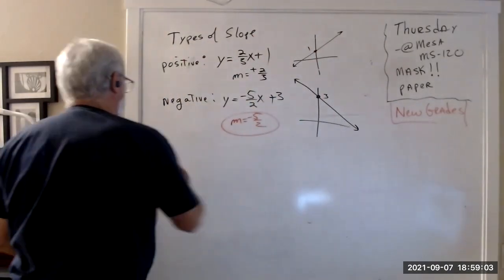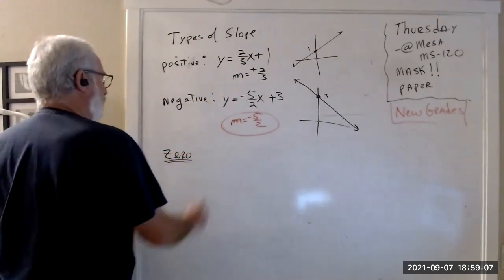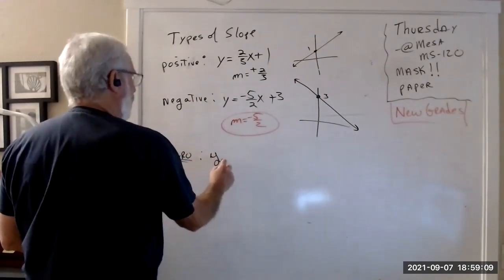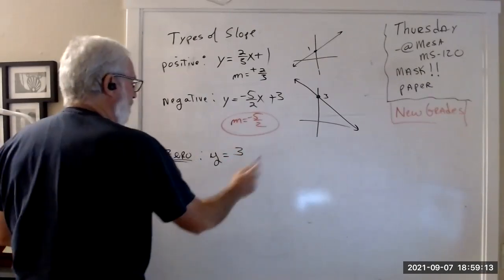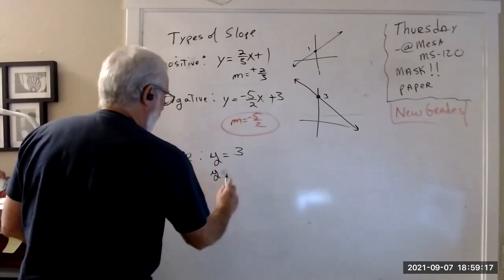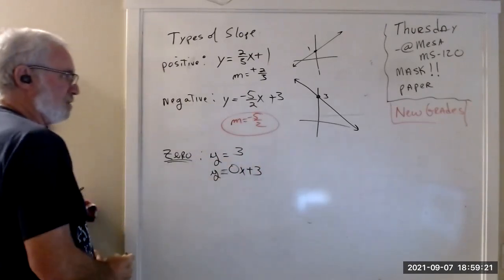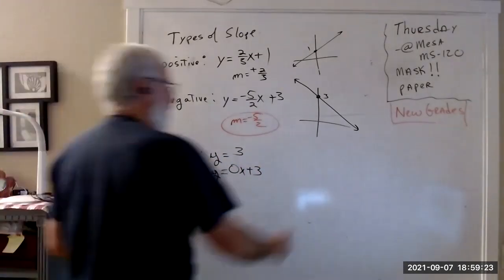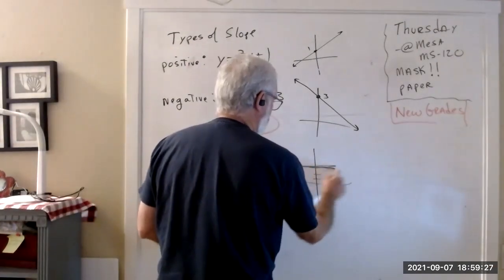We can have zero slopes. That would be y equals 3, but we just learned that we could write that as y equals 0x plus 3. That graphs as a horizontal line.